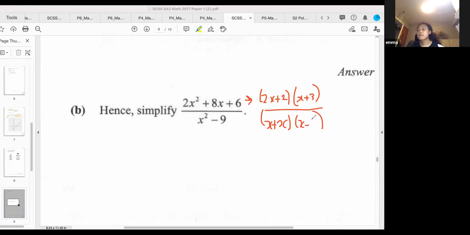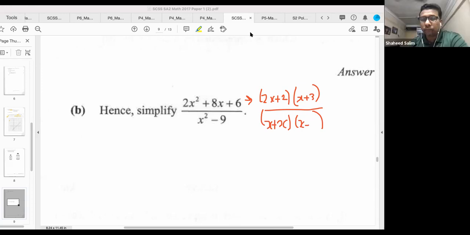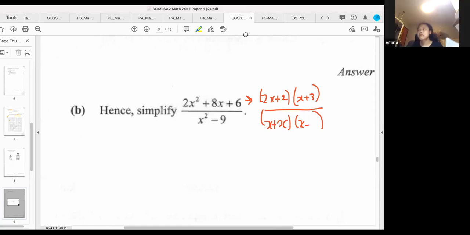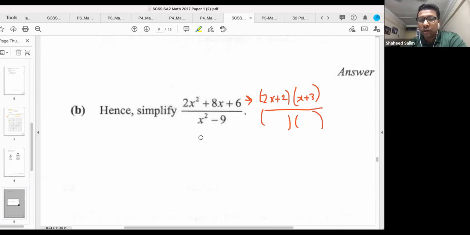This one, remember now? You forgot it. Remember, I went through the three. This one you can square it, put one here, plus minus.